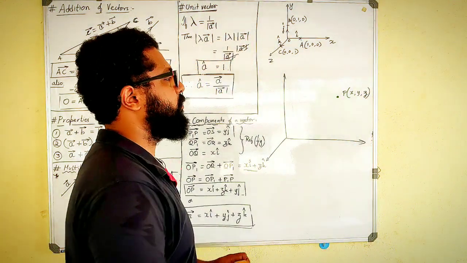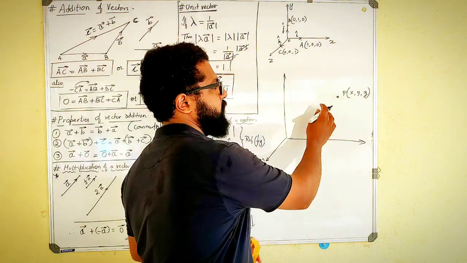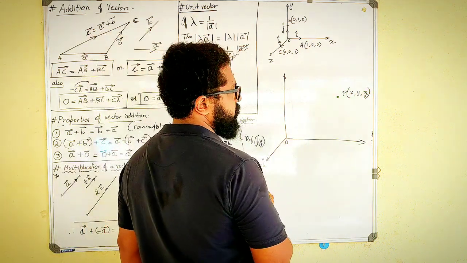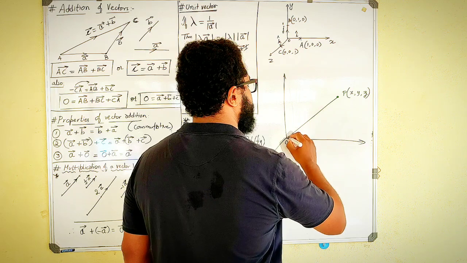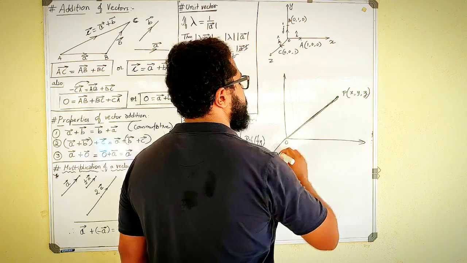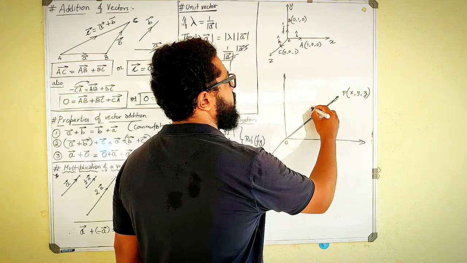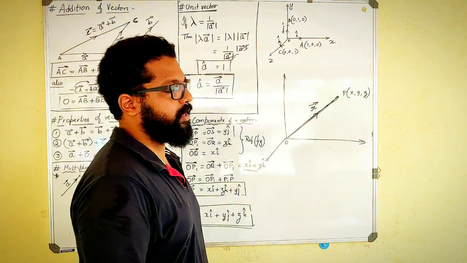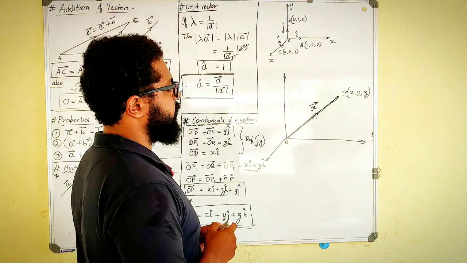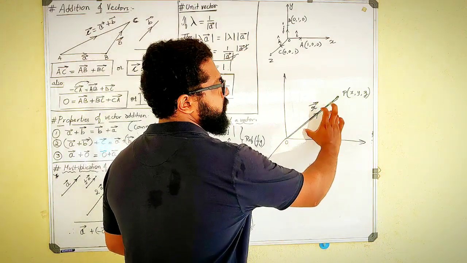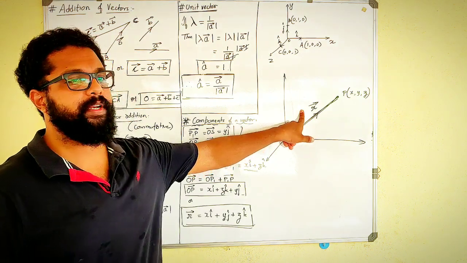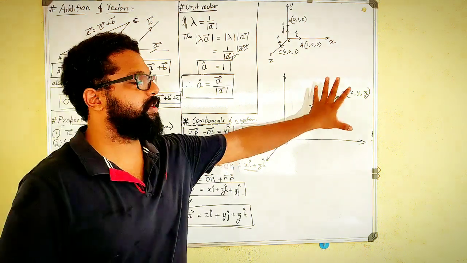Any random point which is outside the board, not on the board. So here there is the origin, and let me join these 2 points. This is nothing but my position vector, and let me name it as r vector. That is my vector whose components I am trying to find out.